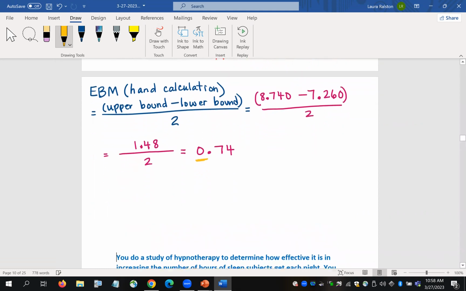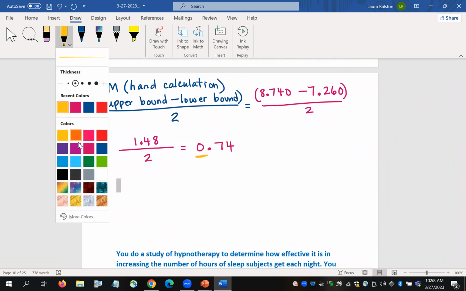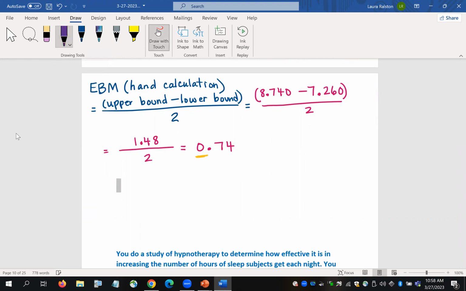And then lastly, we write our conclusion. The phrasing for the conclusion is the same as it has been.